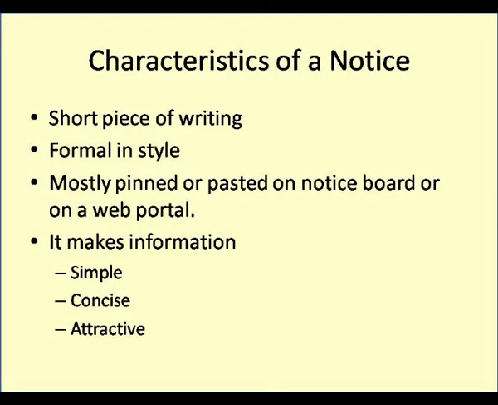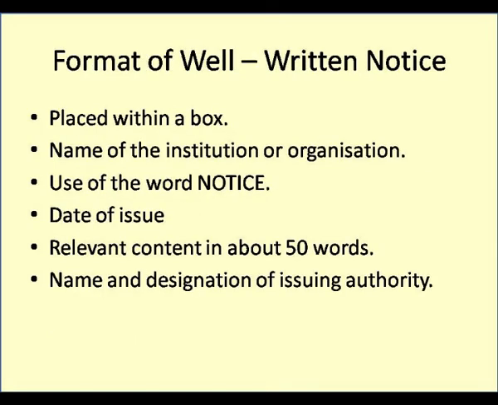Draw a box. Write the name of the institution or organization on the top, use the word NOTICE in capitals, and write the date of issue on the left corner. Then the relevant content in about 50 words, and the name and designation of the issuing authority. Who is issuing the notice? You have to write the name and designation.